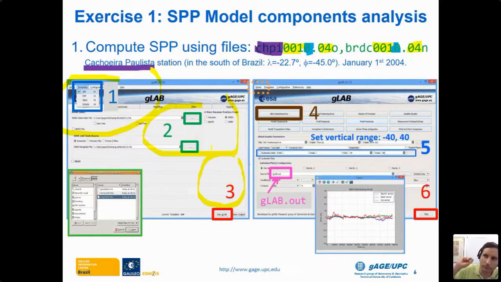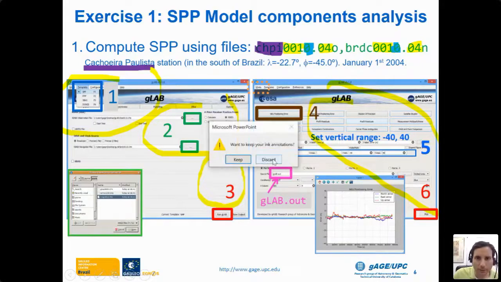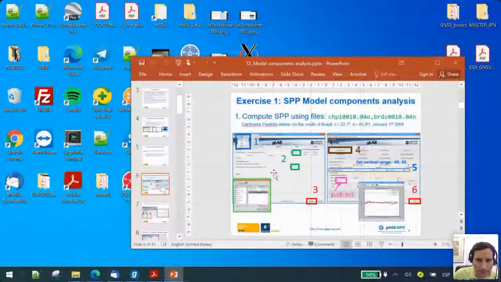Sometimes it's as easy as 1, 2, 3. Sometimes it's straightforward, and then for 5 and 6 to make the plots. And sometimes we will have to work a little bit. It depends on the exercise. Okay, so let's then go to the GLab.